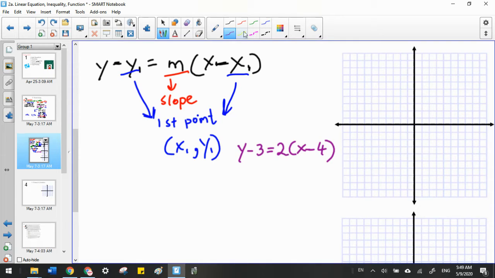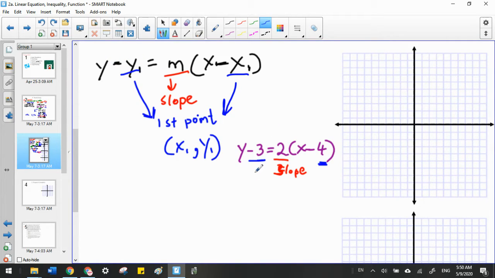then I can tell relatively easily that the slope in this case is supposed to be 2. And my first point, if I match the 3 over here and the 4 over here with this formula, you'll notice that the formula already says y is minusing by y1.